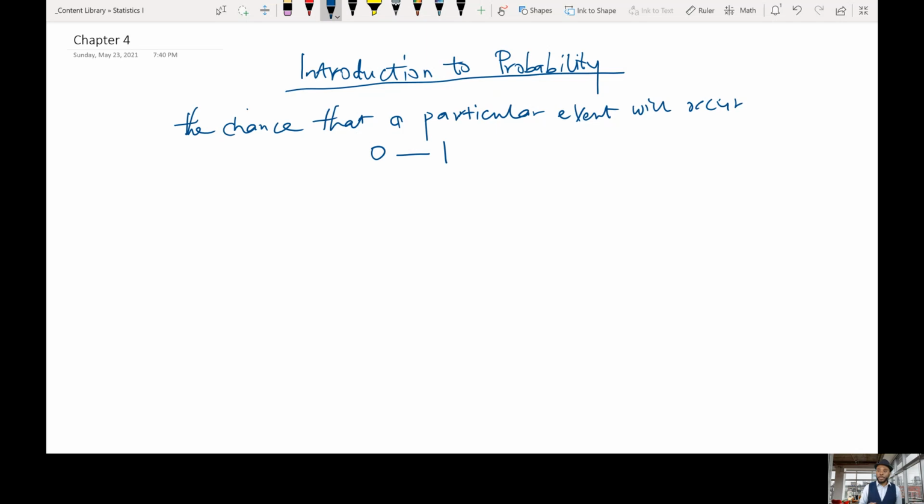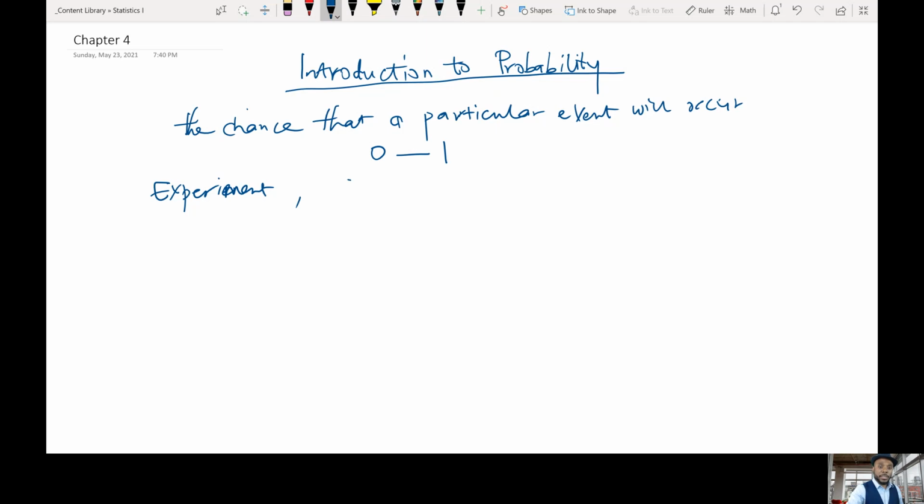Some other terms that we might use in this video is the concept of an experiment. I know we've seen the word experiment in chapter 1. Now, when we say an experiment, we're going to look at it as a process that produces a single outcome whose results cannot be predicted with certainty. So that's what we will refer to as an experiment.